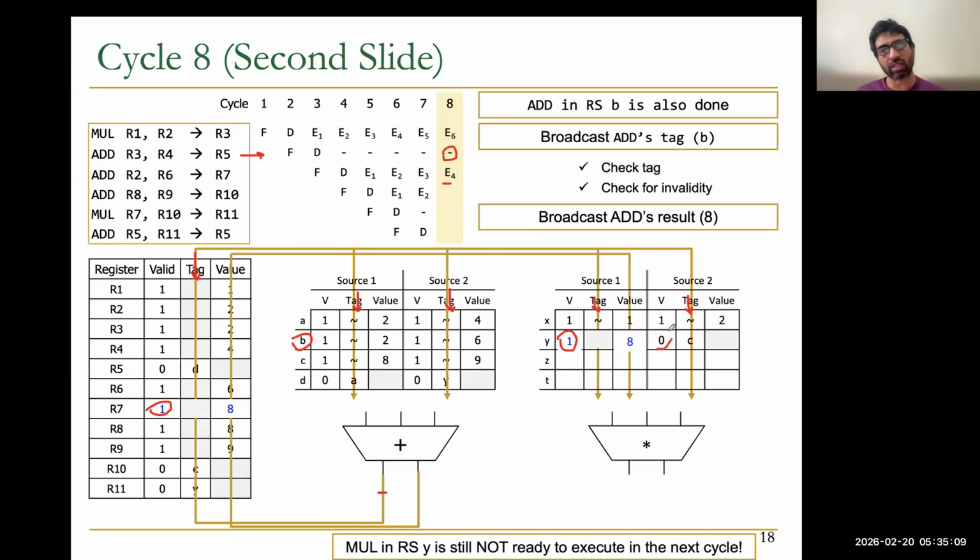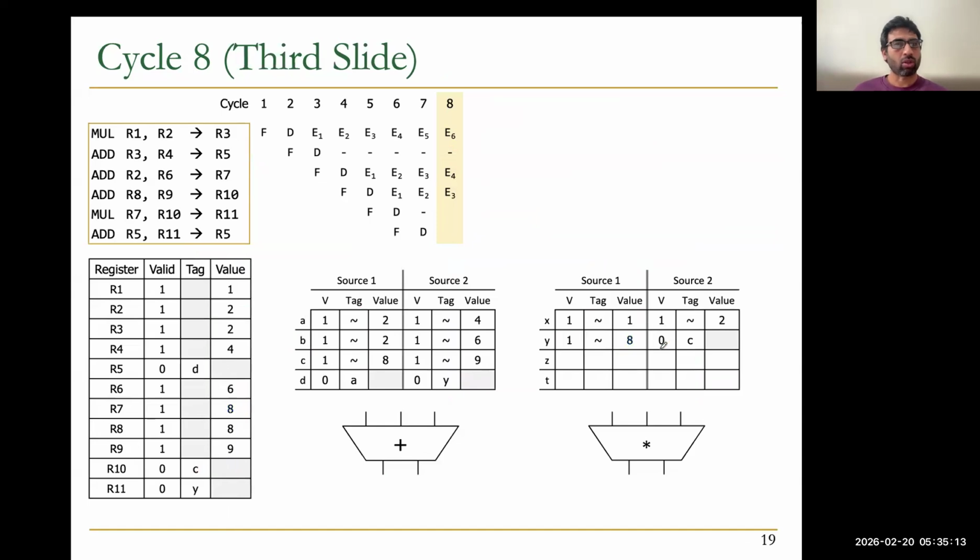Why? Because one of its operands, source 2, is still not available. So in the same cycle, the third add will enter execution stage 3, and multiply cannot execute because one of its source operands is not available. And the last add can also not execute because both of its source operands are still not available.